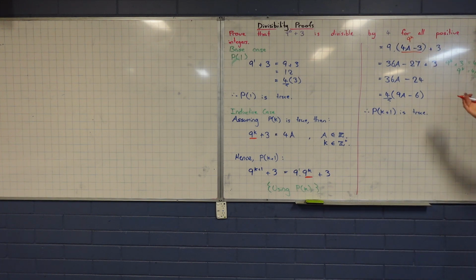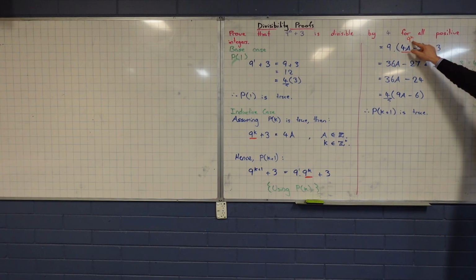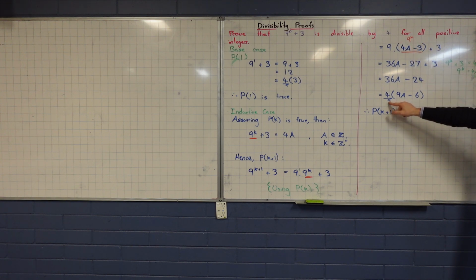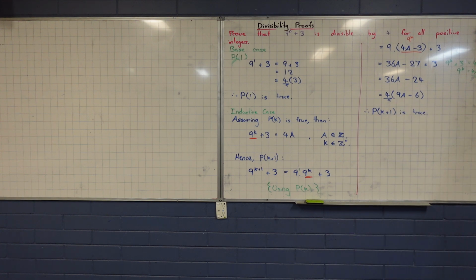In place of 9^k, we can replace it with the expression 4a take 3. Does that make sense? Yeah. So they're like for like. This is equivalent to that. And if that is equivalent to that, then rather than writing 9^k, we can put that in. And that allows us to pull out a factor of 4. Is that cool? Yeah.